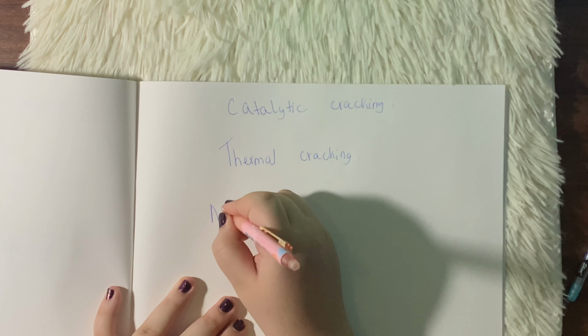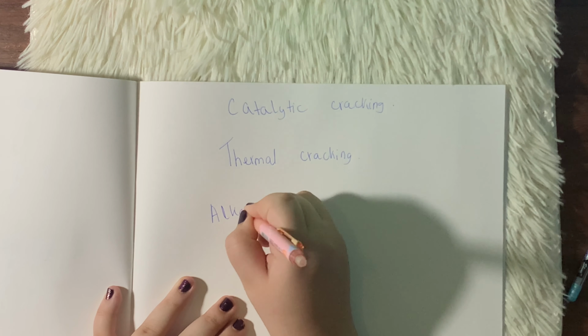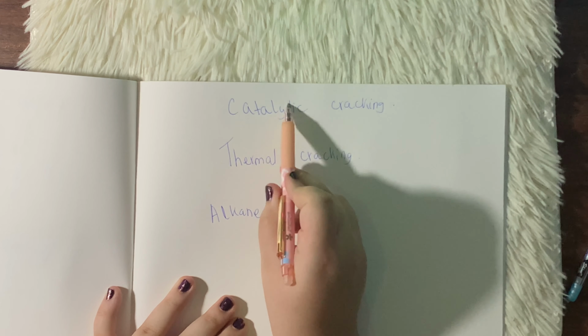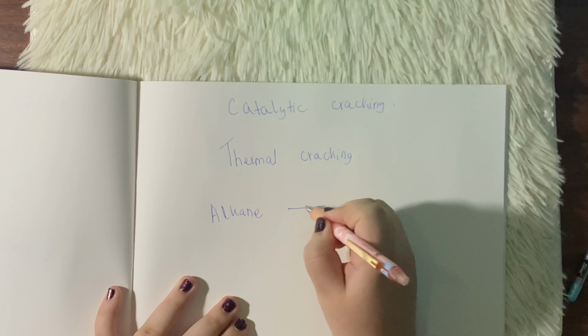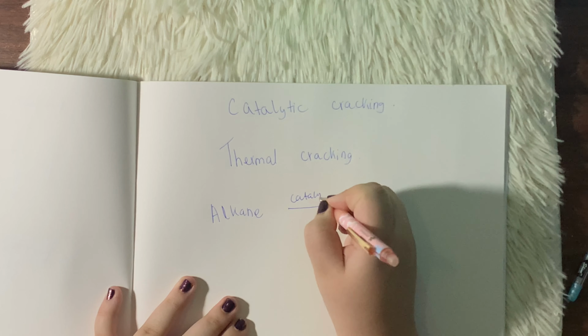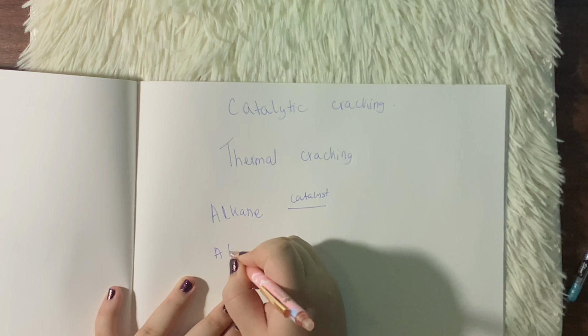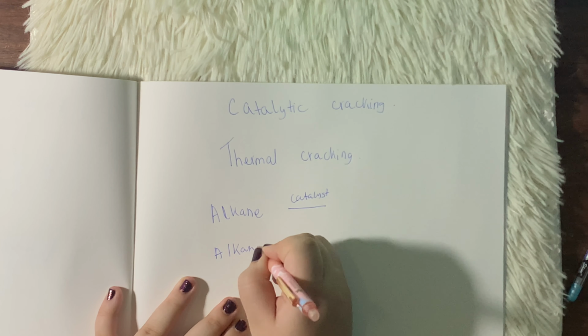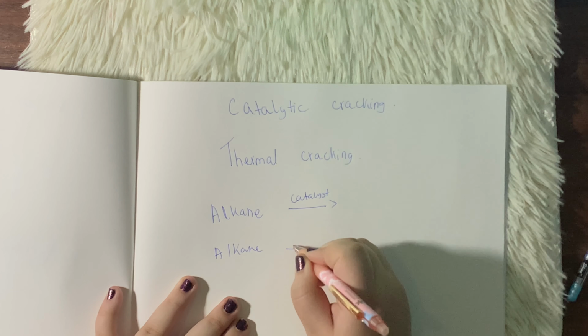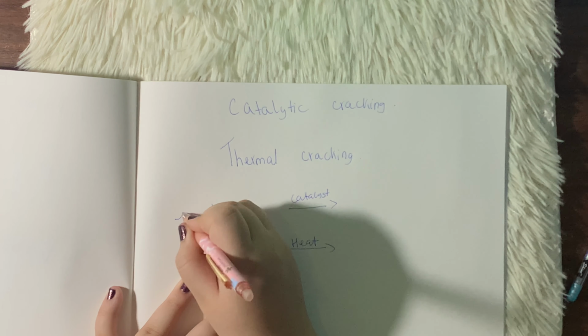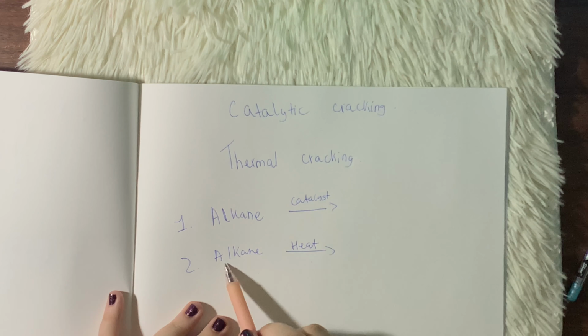So it goes from an alkane with the help of a catalyst, or an alkane with the help of heat. There are two cases: the first is a catalyst and the second is heat.